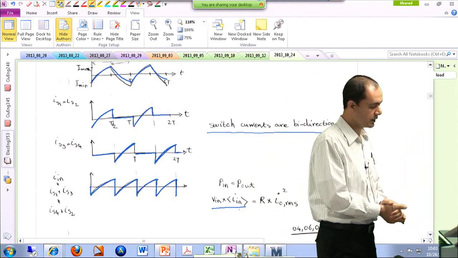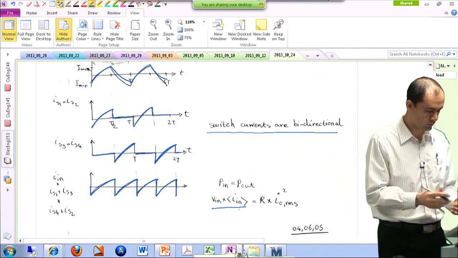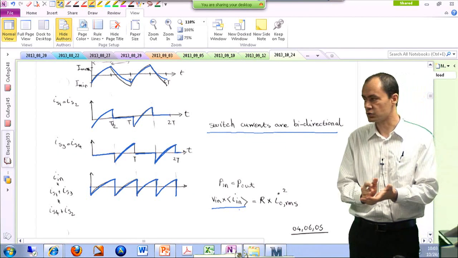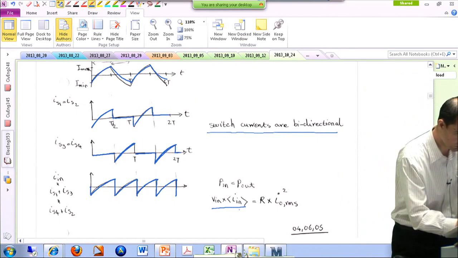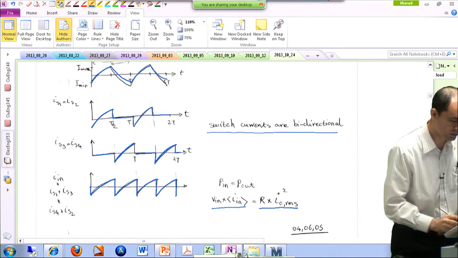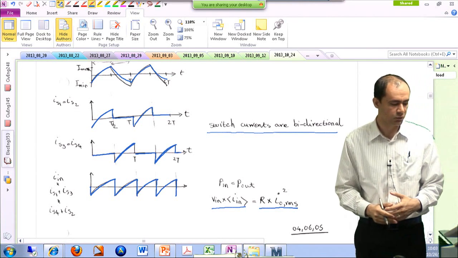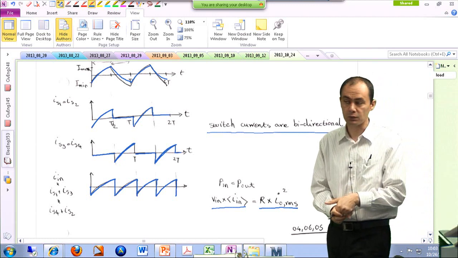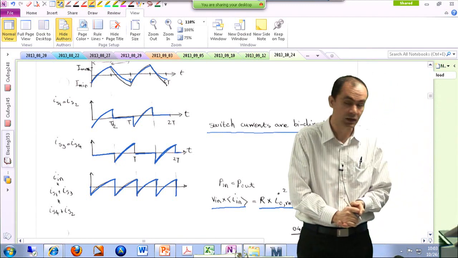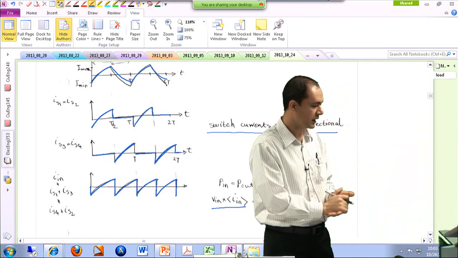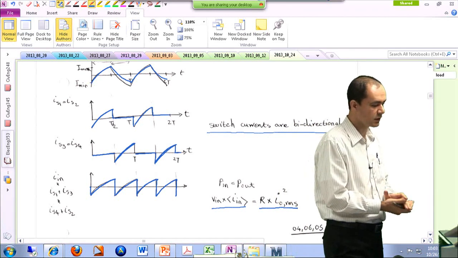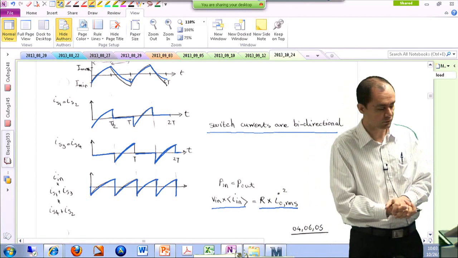The power dissipated in a resistor is the RMS current of the resistor squared times the value of the resistor. So this equation sometimes comes in handy. If you, for instance, have the RMS value of the output current, you can easily find the average value of the input current. Or if you have the average value of the input current, you can easily find the RMS value of the output current.